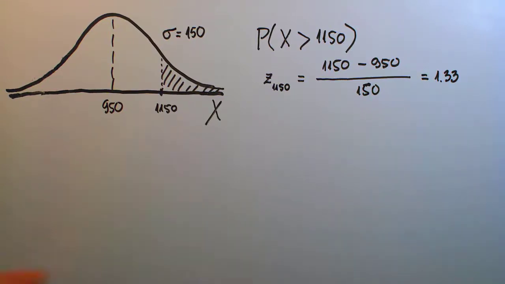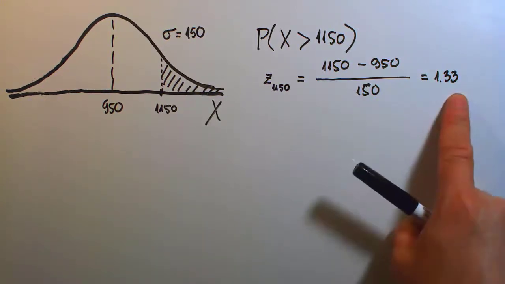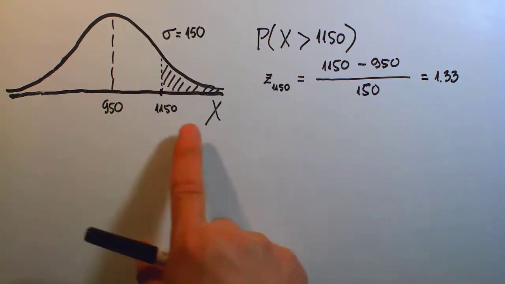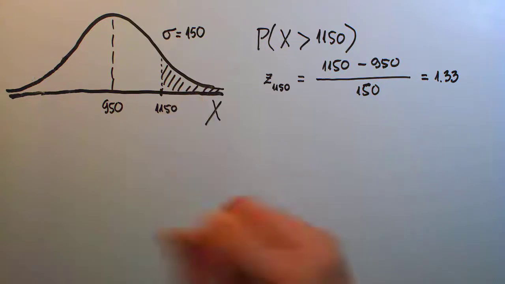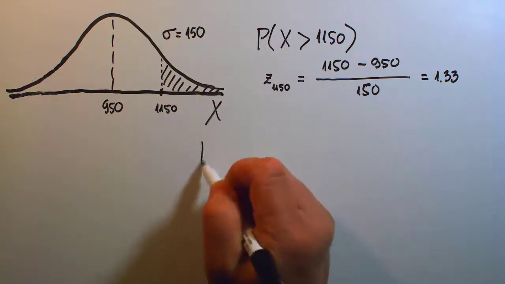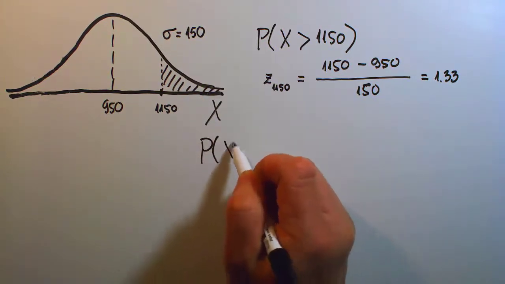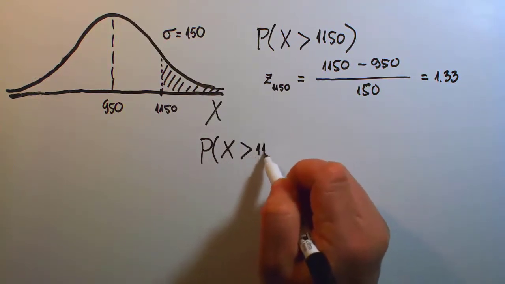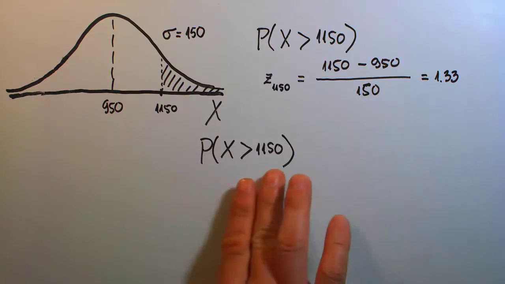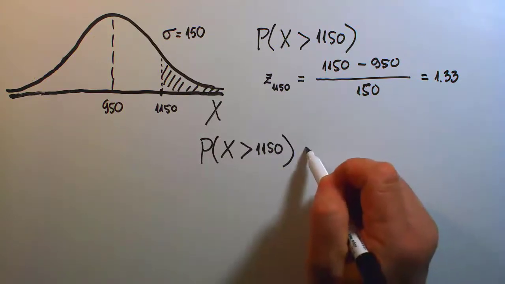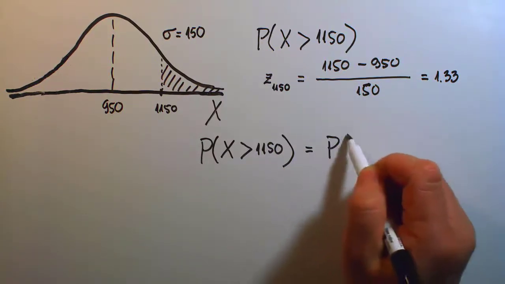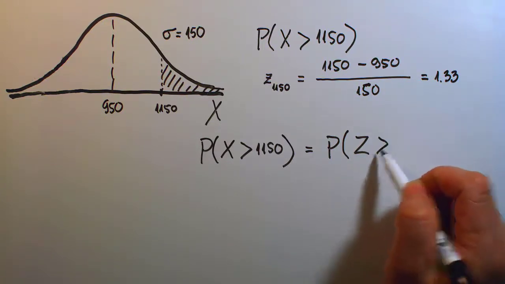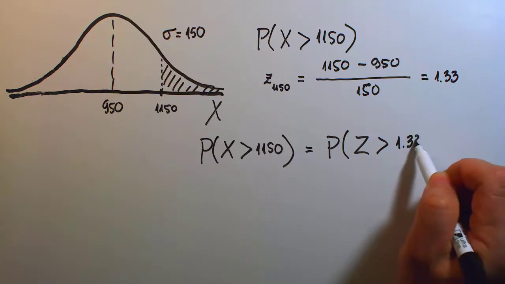But once this z-score is calculated, what it means is that this area we're shading here, representing the probability on our bell curve of the random variable x taking value above 1150, is the exact same value as the probability on our standard normal distribution where the z-score is above positive 1.33.